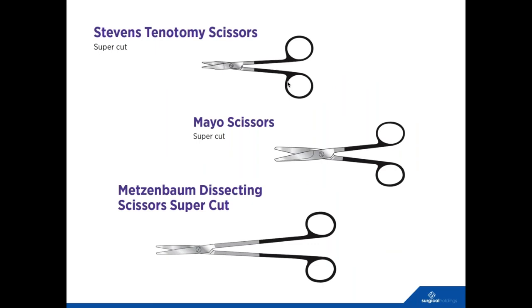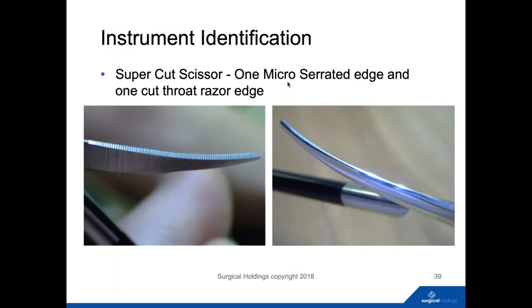Metzenbaum being a dissecting scissor that is again very fine and used on multiple trays. Stevens tenotomy scissor up the top there can be used in plastics or again finer surgery work, but all have these black bows. Some of course may be available also with tungsten carbide bows, but the black bow is indicated there's a supercut edge which looks like that.